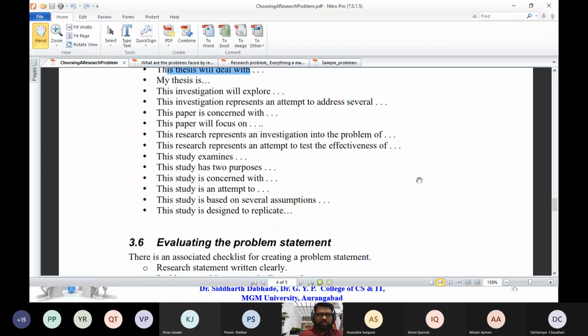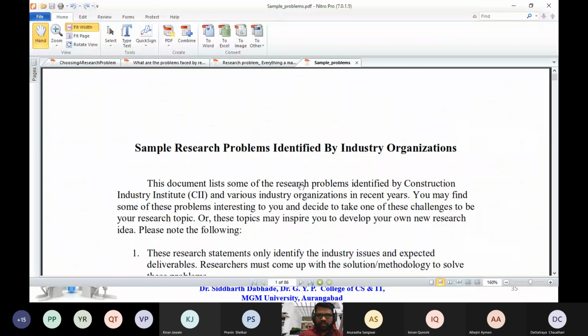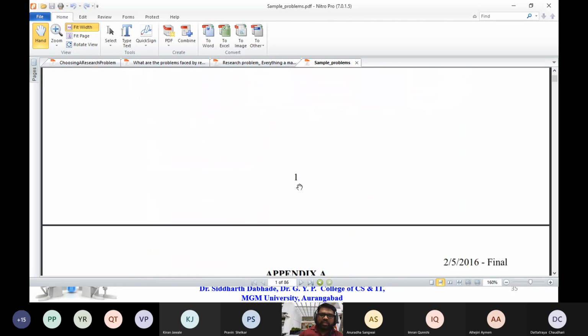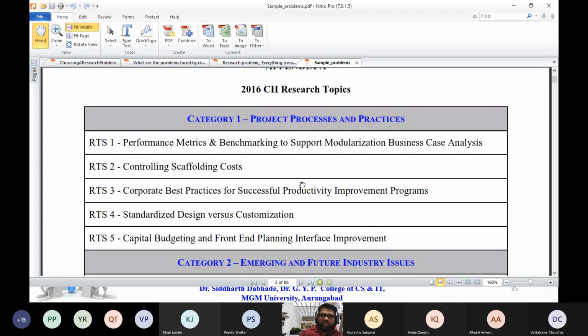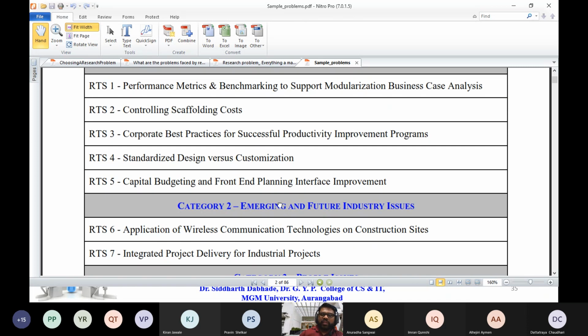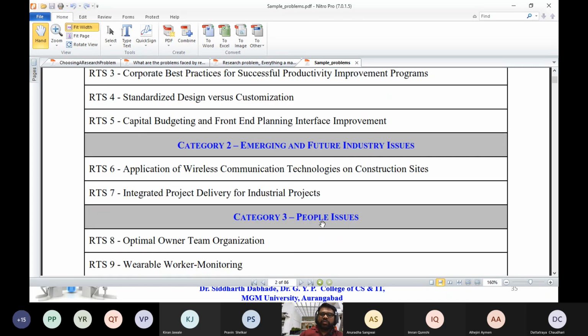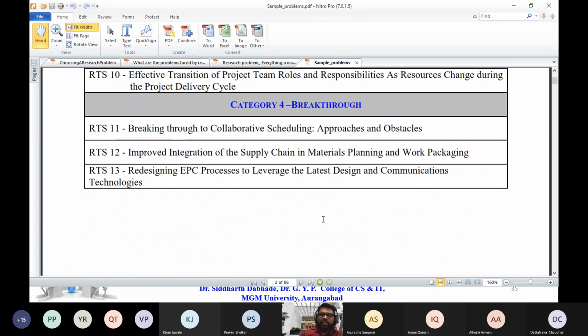So I will make certain case studies. These are sample research problems identified in industry organizations. They discuss their research problems in this manner. If we categorize them in different ways, for example: project process and practices, emerging and future industry issues, people issues, breakthrough.